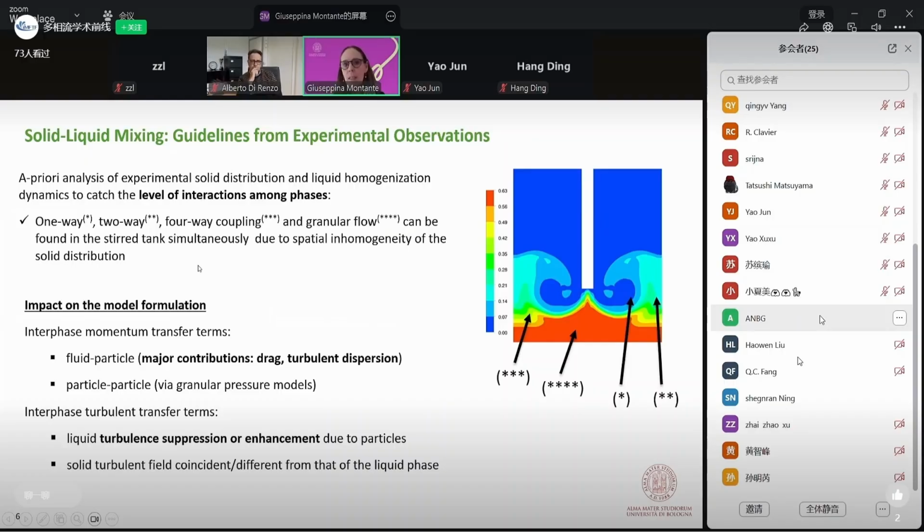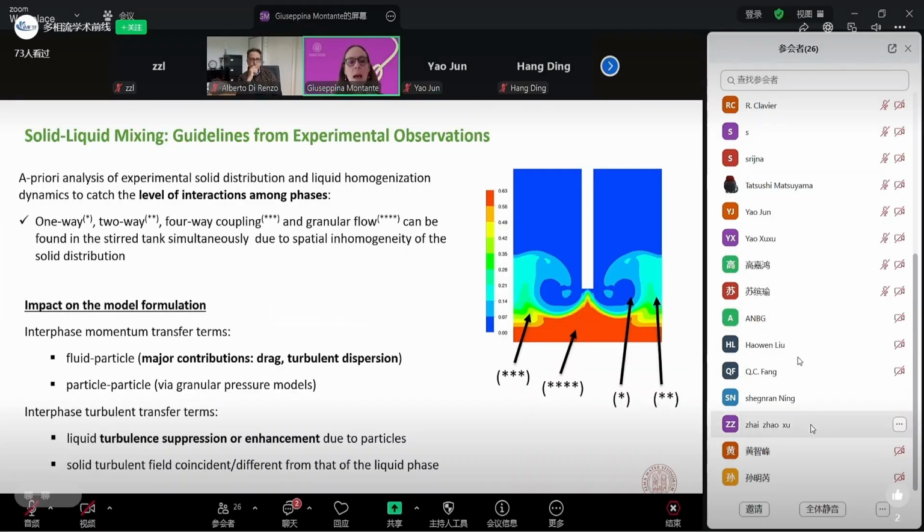So we need a model that is able to tackle this complexity, to include all these physical effects all together. And we have also to consider the effect of turbulence, of course, on the dispersed phase distribution. We need to take into account the interface momentum transfer. So drag and turbulent dispersion force are typically the major contribution in these systems.